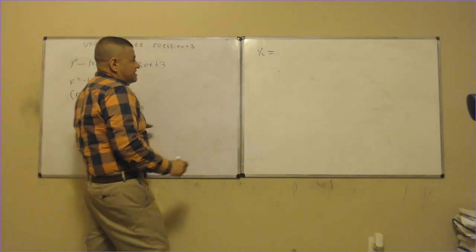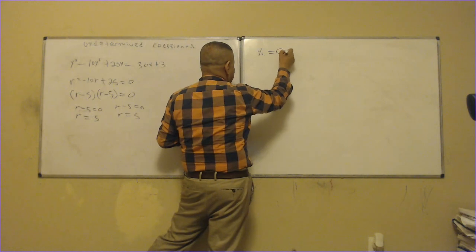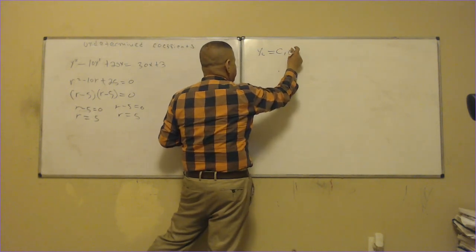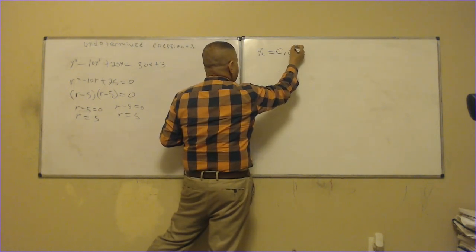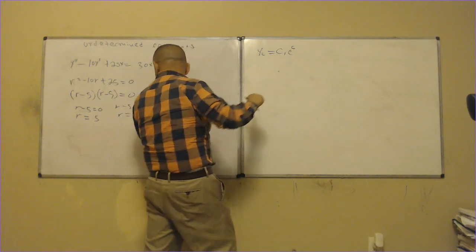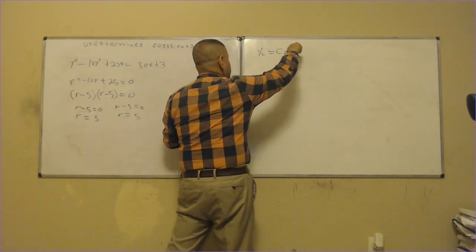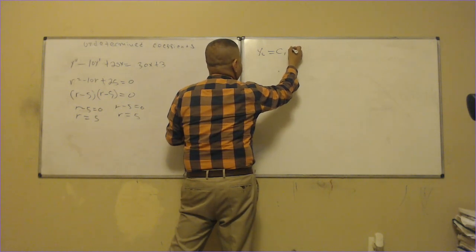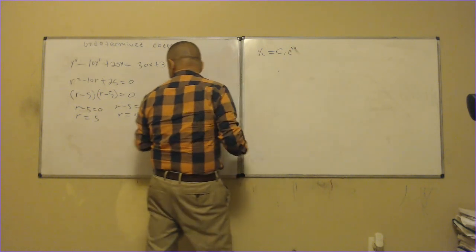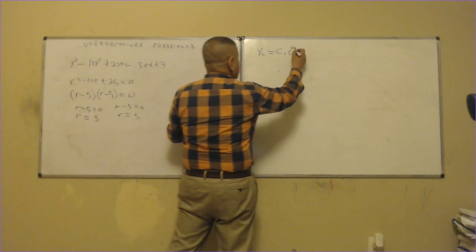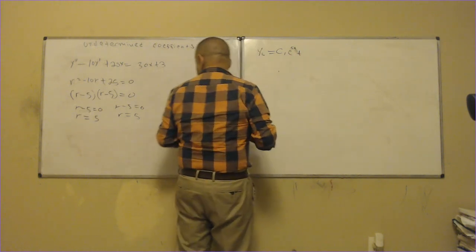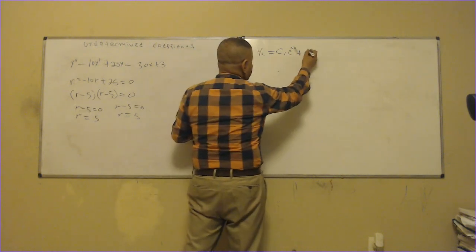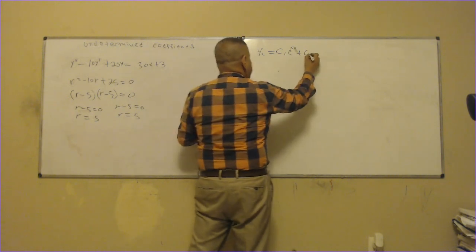It's going to be C1 e to the 5x, plus C2.